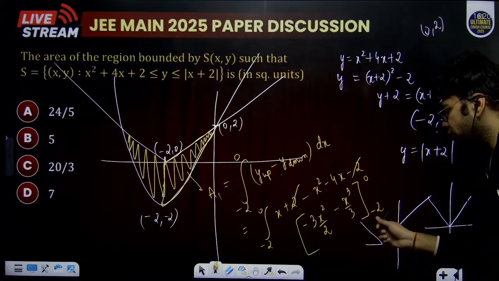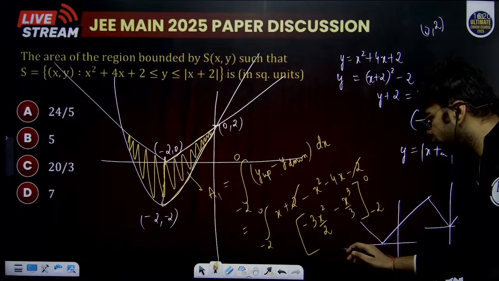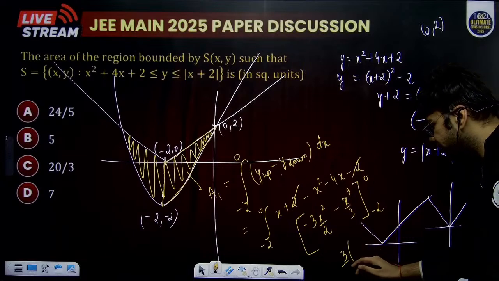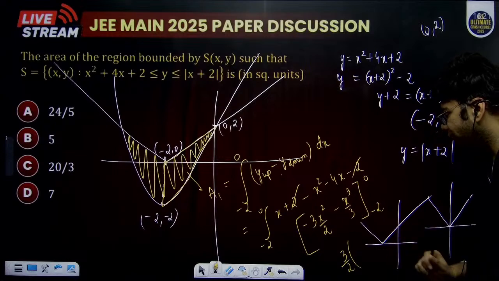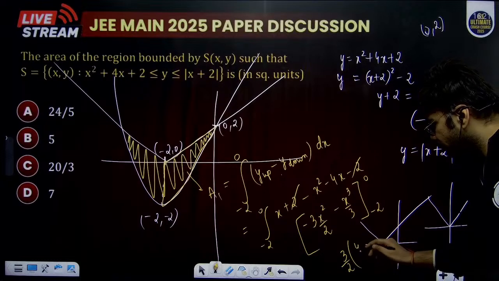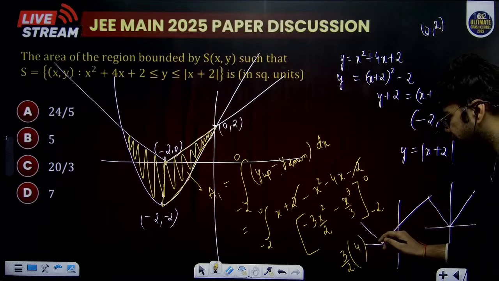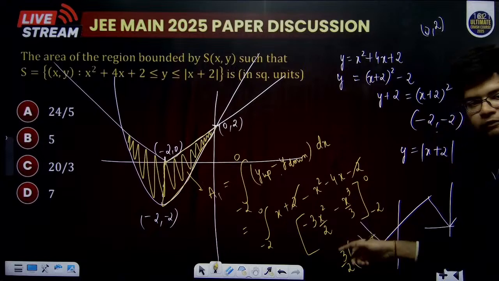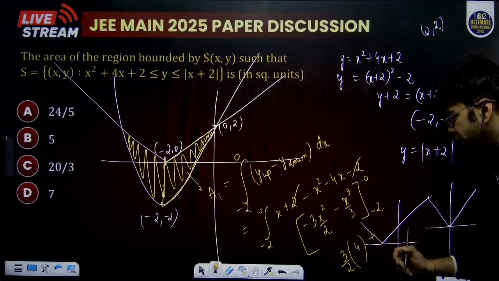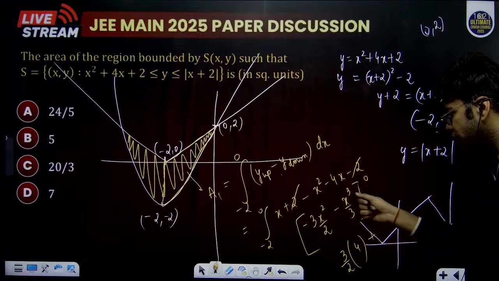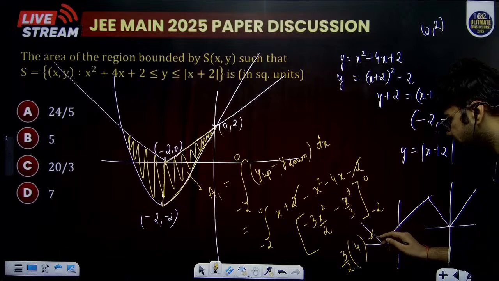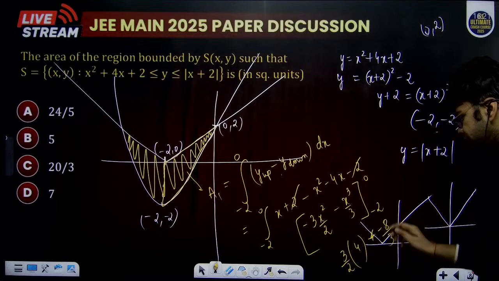At 0, we get 0. Here, if I substitute minus 2, what will I get? 3 into 3 by 2 into minus 2 square. So this will be 6, and plus, since this minus and this minus will become plus, you will get minus 2 cube, so that will become minus 8 by 3.